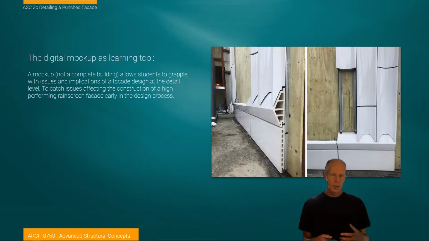One of the ways I thought we would start to help you grapple with that is to use the technique of making a digital mock-up as a learning tool. It can also be a development tool for you as you go through these processes.